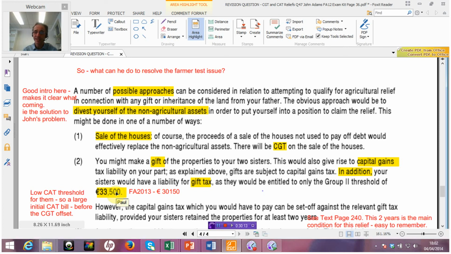There is a sort of get-out clause here in relation to the CAT that is payable on this possible gift, and that's the CGT credit. In other words, we have a relief that allows us to credit against a CAT bill any CGT that we have paid. So look out in the text for that area. I think I've noted it as page 240.